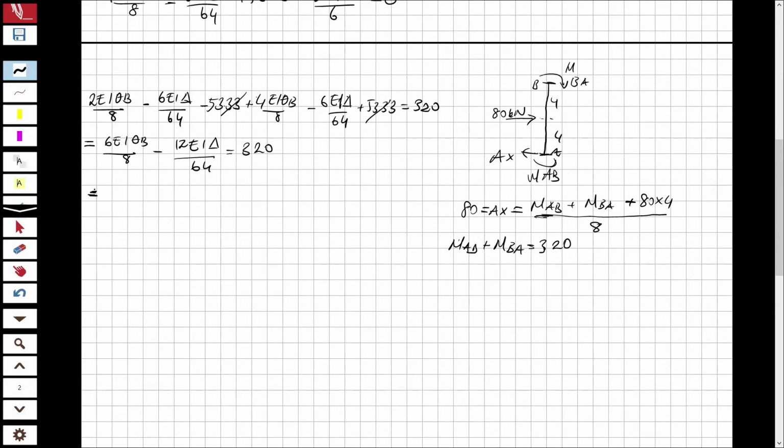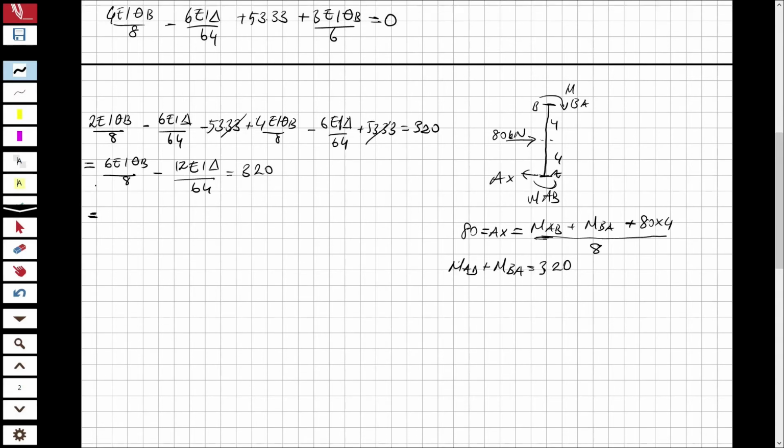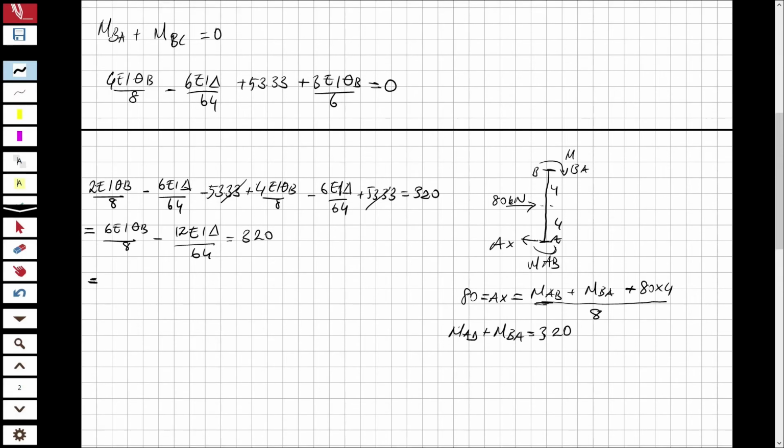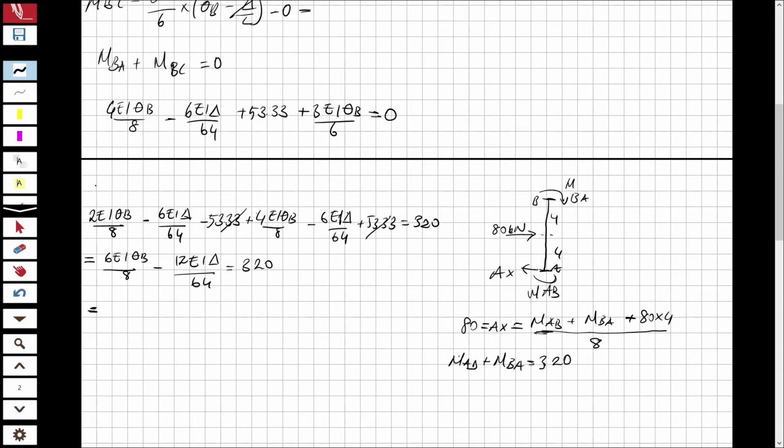And I also have the first equation, which I obtained from moment BA plus moment BC equal to 0. The coefficient here is 0.5, and this is also 0.5, so the summation of them will be 1.